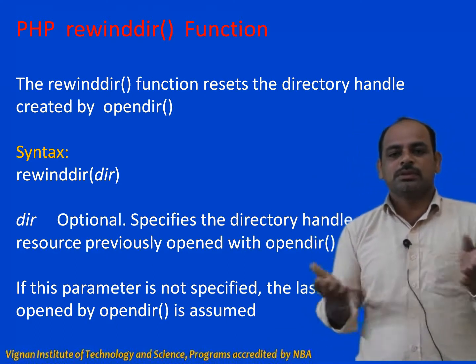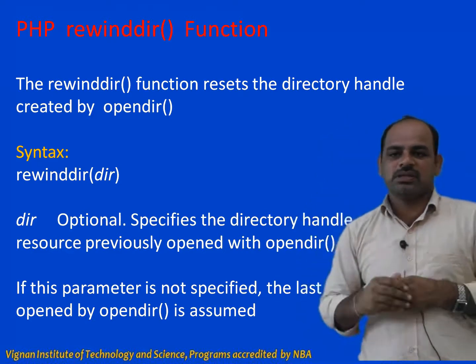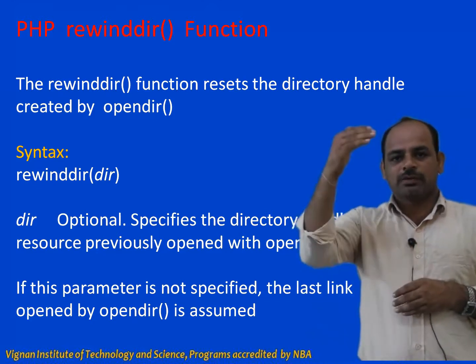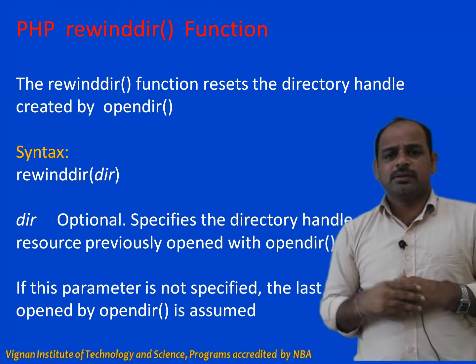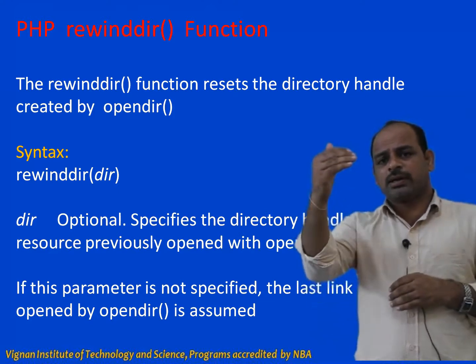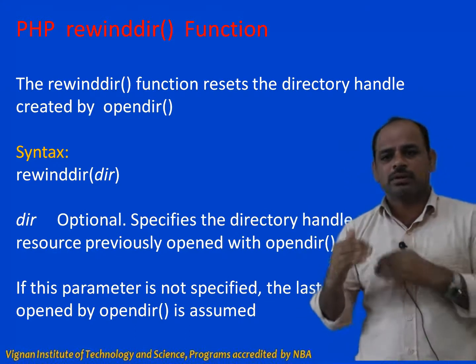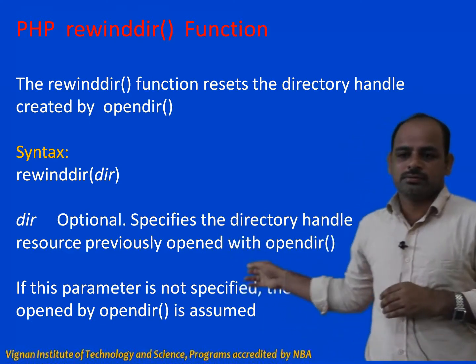That means if there is only one opendir function, we will have only one handle. After reading the content of the current open directory, the directory handle will automatically reach the end of the directory. After that, if you use the rewinddir function, it resets the directory handle to the beginning of the directory.